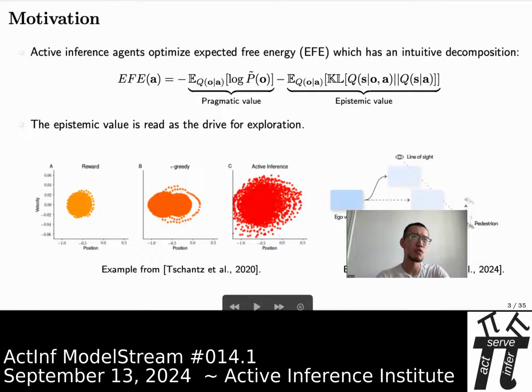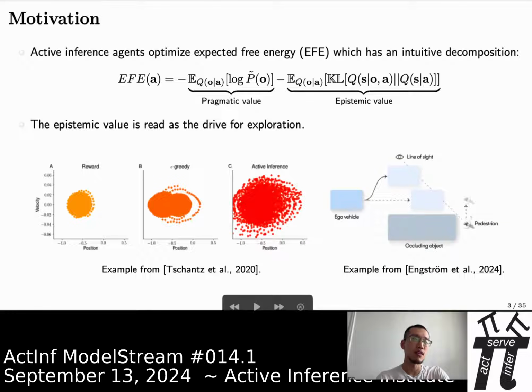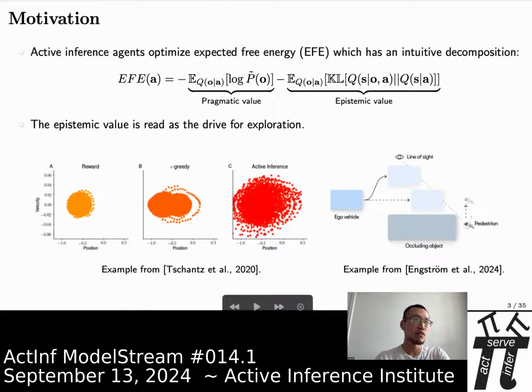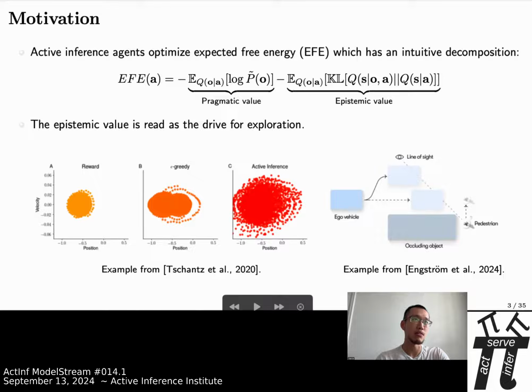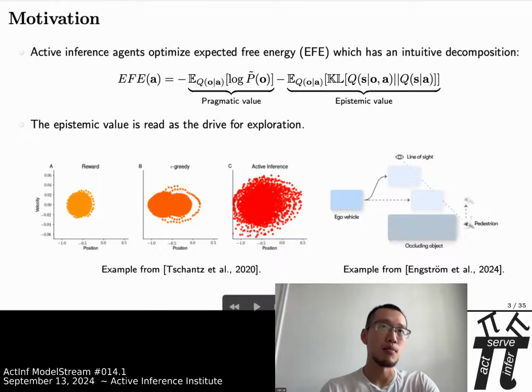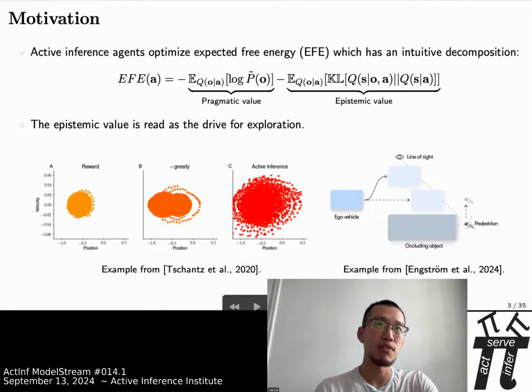The motivation is very simple. I was simply trying to understand the expected free energy objective for action planning in active inference. The nice thing about the EFE objective, which makes it appealing to a variety of people in a variety of domains, is that it has a very intuitive decomposition as the sum of the expected value term and the epistemic value term.